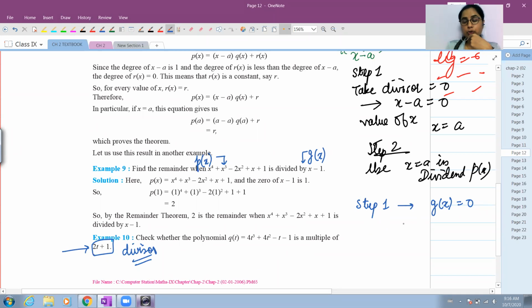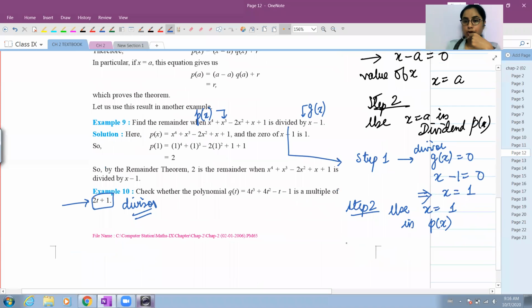So you have to take your divisor equal to 0 and from there obtain the value of x. Right now in example number 9, my divisor is x minus 1. I have taken it equal to 0. From here, the value of x is 1. Step number 2 is to use this value in the dividend.